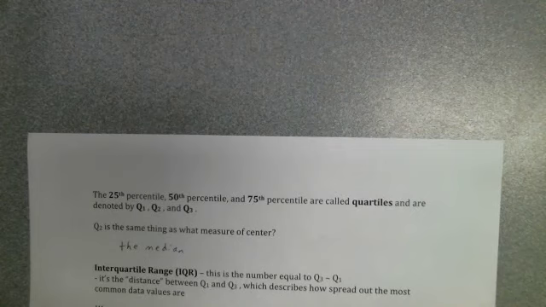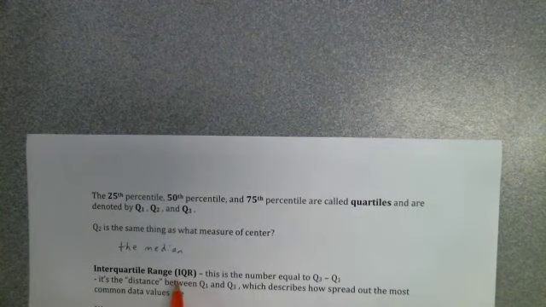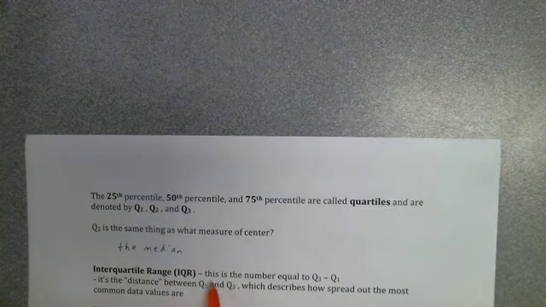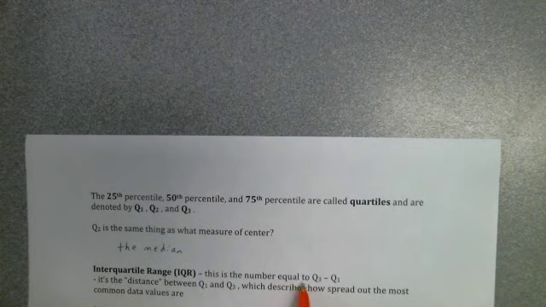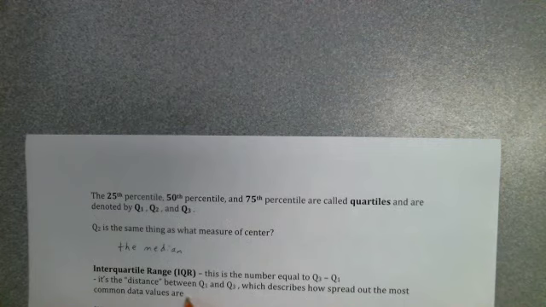All right, a little more vocab for you. Interquartile range, or in other words, the IQR. This is the number equal to Q3 minus Q1. Or in other words, it's the distance between Q1 and Q3, which describes how spread out the most common data values are.